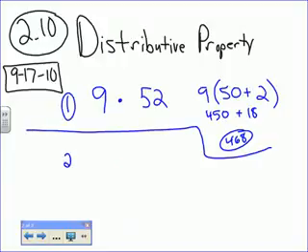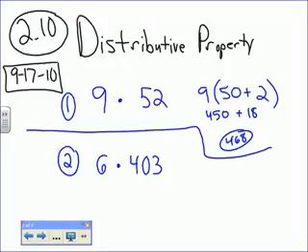Another example. Say you're doing 6 times 400, what's that going to be? 2,400, right?